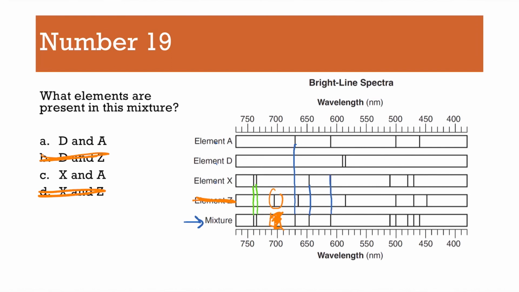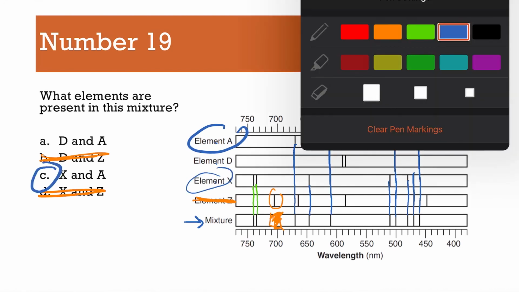This goes here, and with that one. Just momentarily confused myself. This one goes there. This one comes here. This one's there. This one matches up with 2 of them, and that one matches up there. So again, we could say it will be element A and element X, leaving it choice C.